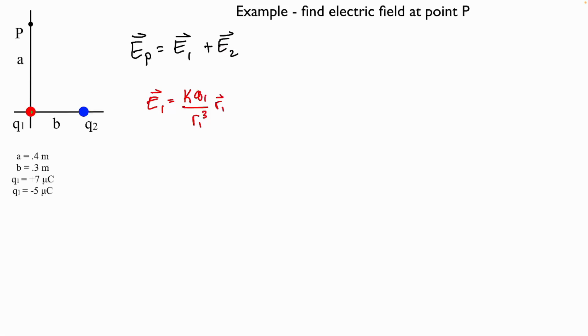Well, R1 is going to start on charge 1 and end at point P. It's right there. So R1 vector is AJ hat. I drew it, I can see what its length is, and I know what direction it's going. So that means that my electric field is going to be KQ1 over A cubed, because that's the magnitude of that R vector, times my R vector AJ, and it's KQ1 over A squared J hat. Okay, so I found my E1.